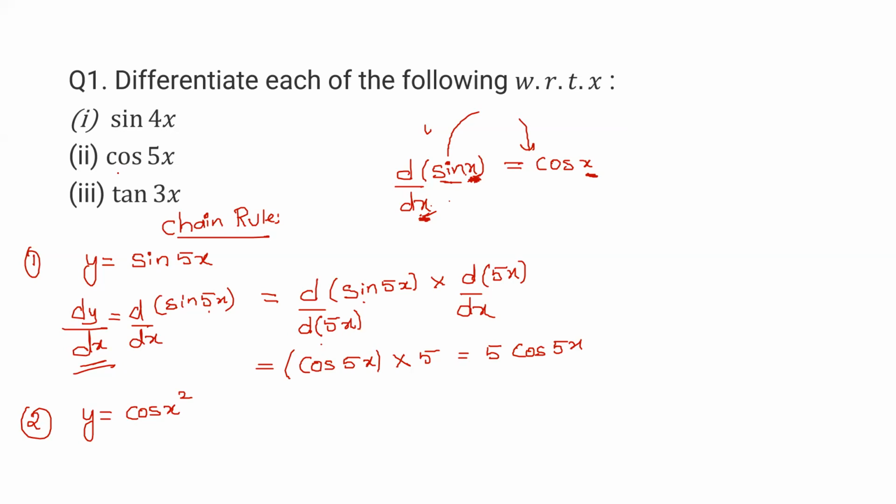Rifat, any doubt in this one? Fahad, the derivative of cos is minus sine. This answer is correct, but it should be negative: minus 2x sine x square. Very good. This is correct. Rifat, this is done.